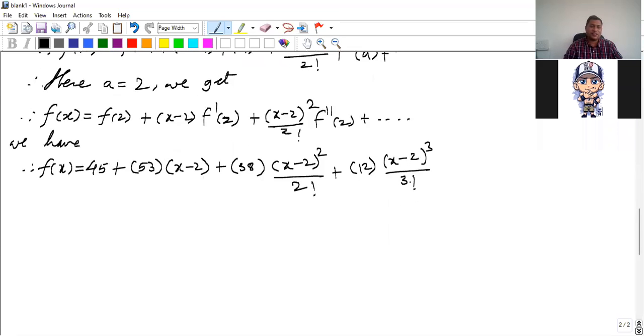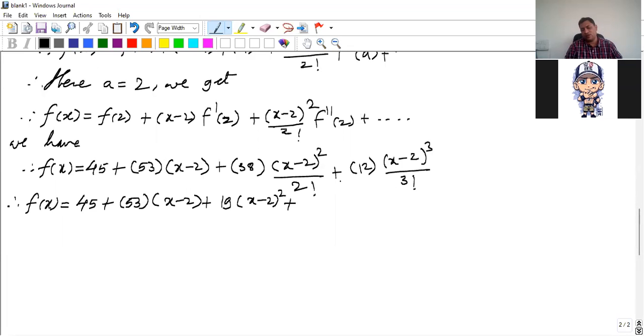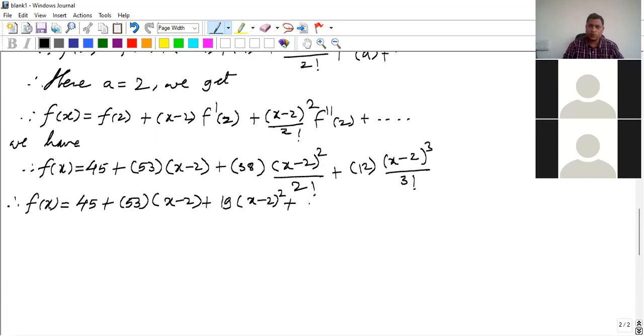Now simplify this expression. f of x is equal to 45 plus 53 into x minus 2, plus the 2 factorial will get cancelled, so we have 19 times x minus 2 bracket square, and this 3 factorial, what is 3 factorial? 6. So 2 times x minus 2 whole cube.